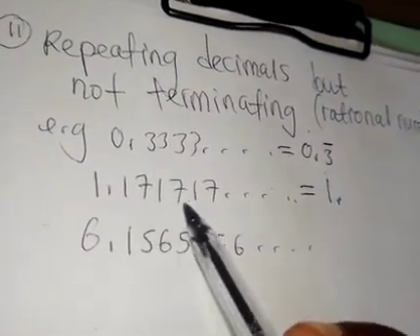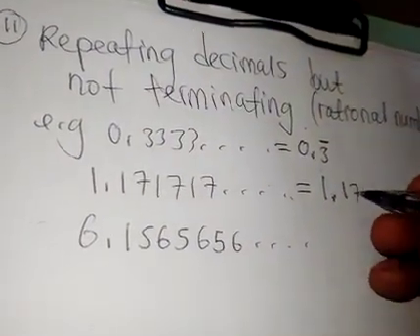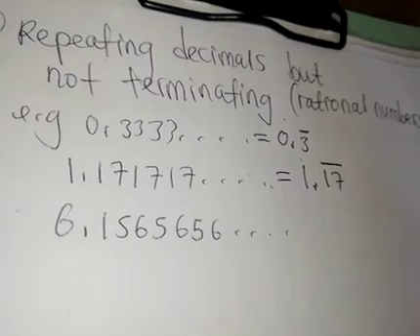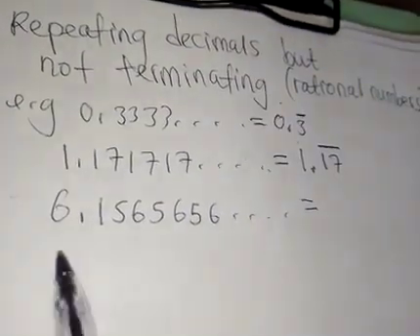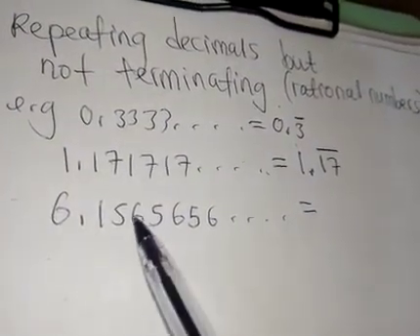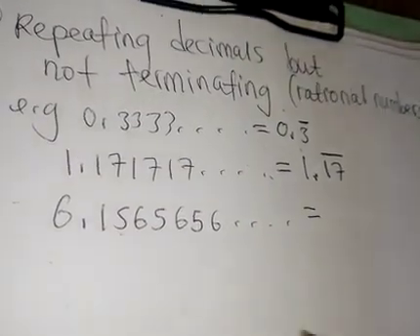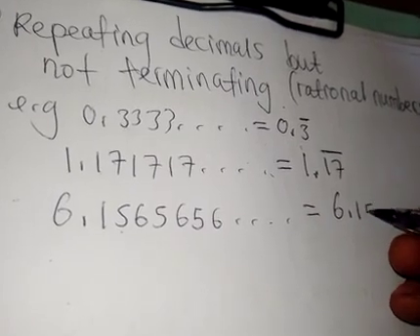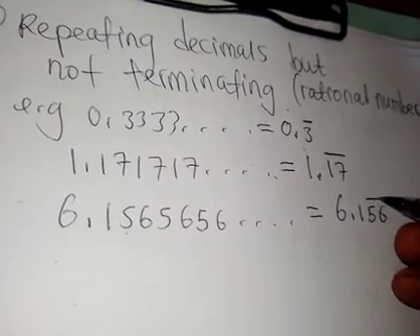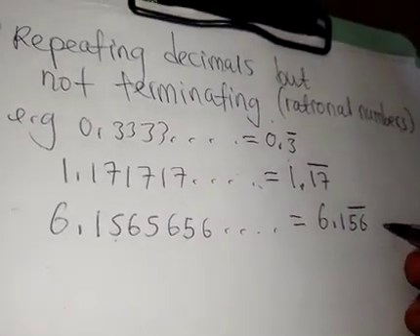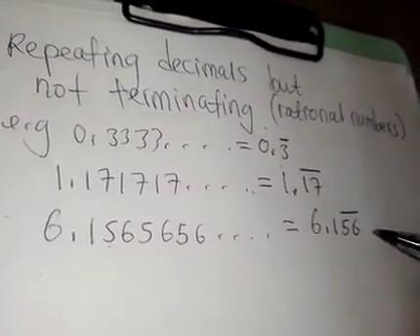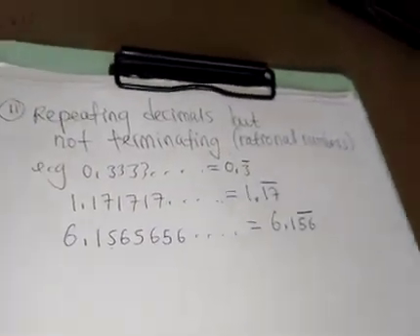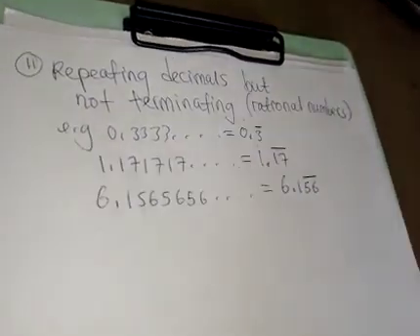We have 17 with a bar on top like that, showing that 17 is being repeated. Even in that one, we have 56 being repeated. So we can write it as 6.1 and 56 with a bar on top, meaning these are being repeated. So such decimal numbers are so-called rational numbers.